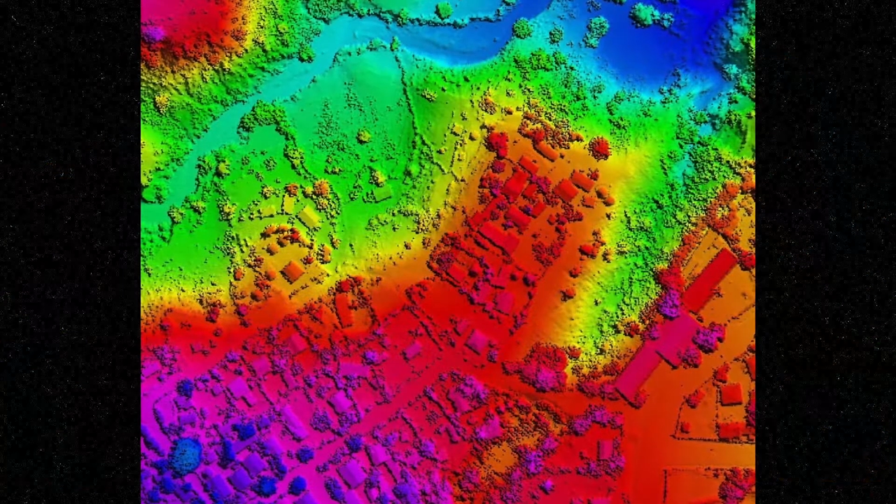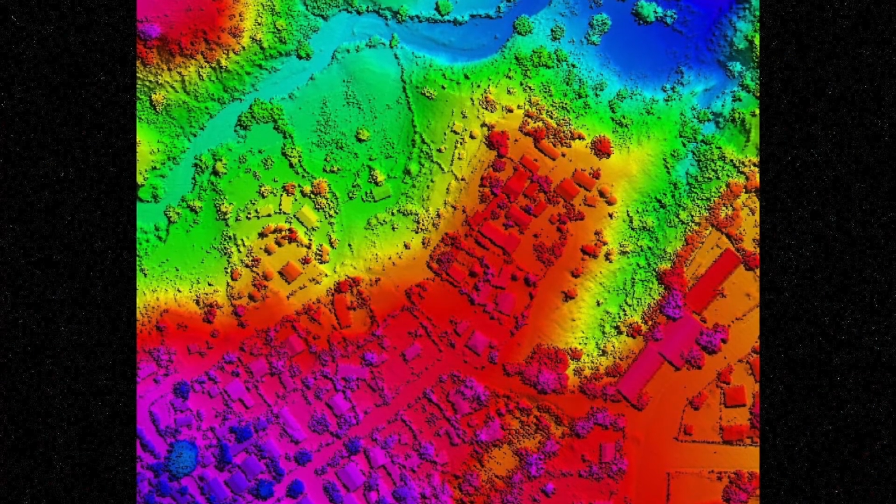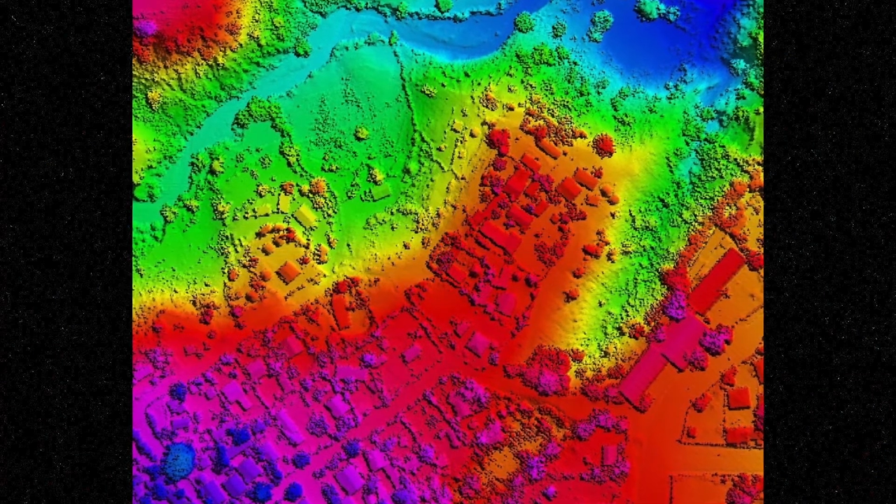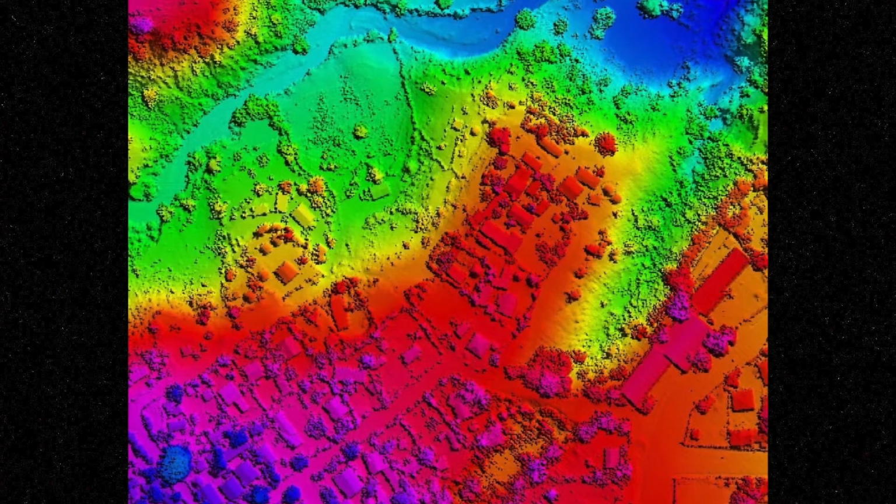So far as DSM, a laser or a radio wave will interact with the first object it encounters, whether it is a treetop or a building or an exposed ground. A DEM retains only ground points in order to develop a ground height model. Digital elevation model is one of the most important spatial data sets in many geographical information systems.